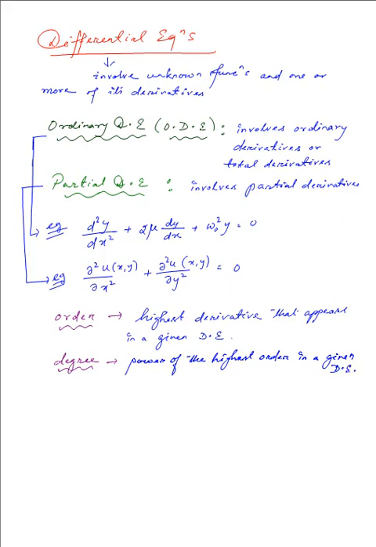Now let's take a few examples for your convenience. We use some shorthand notations for the derivatives. It's easier that way. d2y by dx squared can also be written as y double primed, while dy by dx, that is the single derivative of y with respect to x, is denoted as y primed.